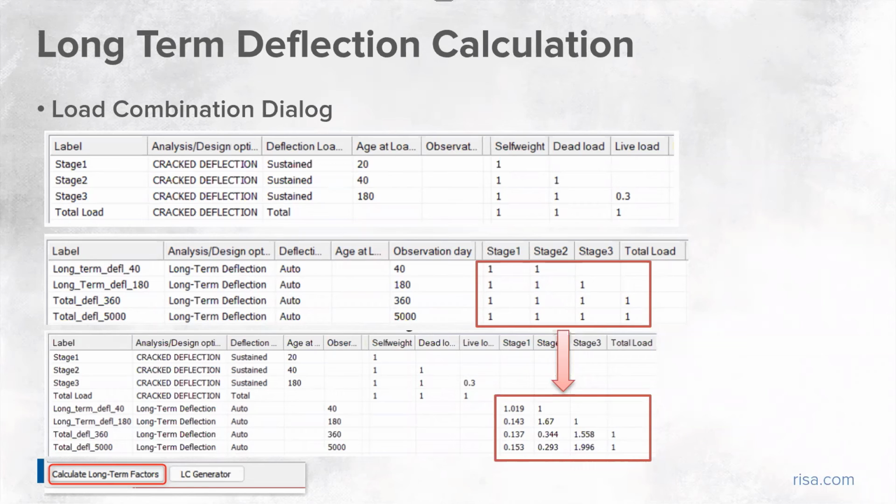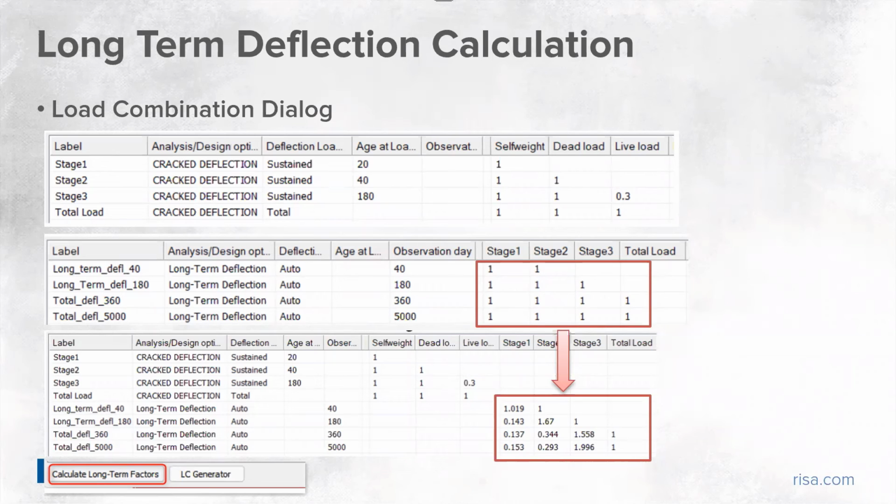And if you look at the second screenshot I have here, we also need to define our long-term deflection load combinations. So here in the analysis and design options, we would need to choose the long-term deflection option. And then the third column here is the deflection factor calculation option. So here we would choose auto so that the program will automatically calculate these factors.